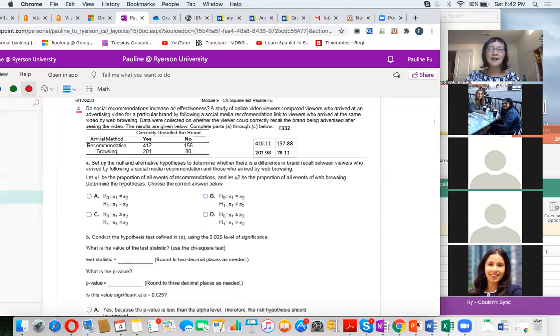A study of online video viewers compared viewers who arrived at an advertising video for a particular brand by following a social media recommendation link to viewers who arrived at the same video by web browsing. Data were collected on whether the viewer could correctly recall the brand being advertised after seeing the video. The results are given below. Okay, so you have this data.